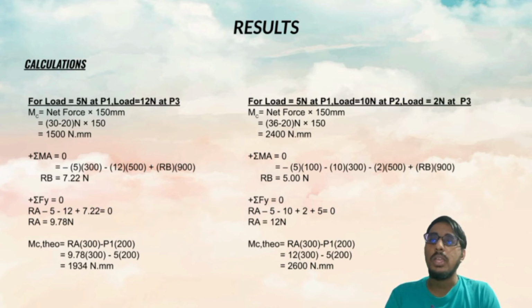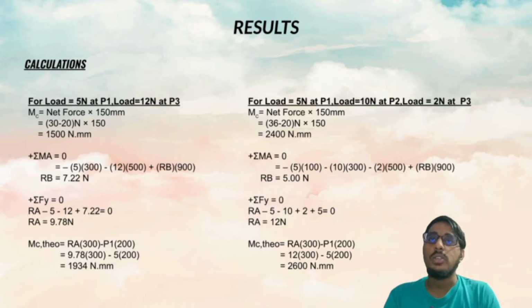Then we can use the formula for the moment at C theoretical, equal to RA times 300 minus the weight at P1 times 200, where we obtain about 1931 Newton millimeter as the theoretical moment.